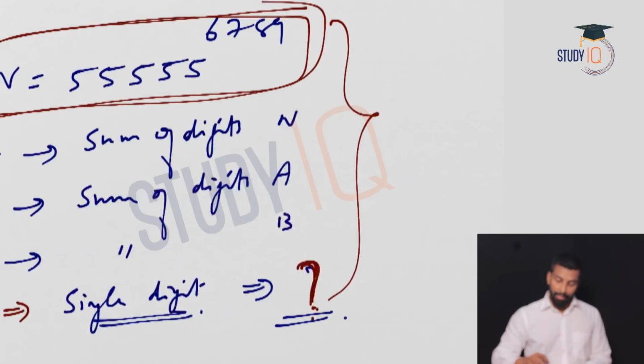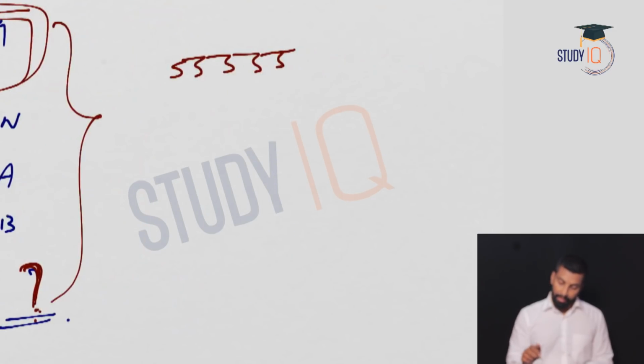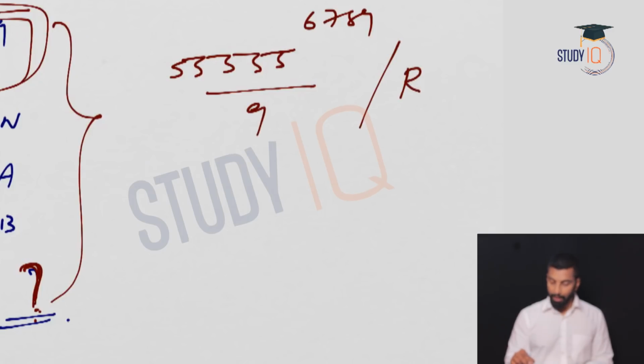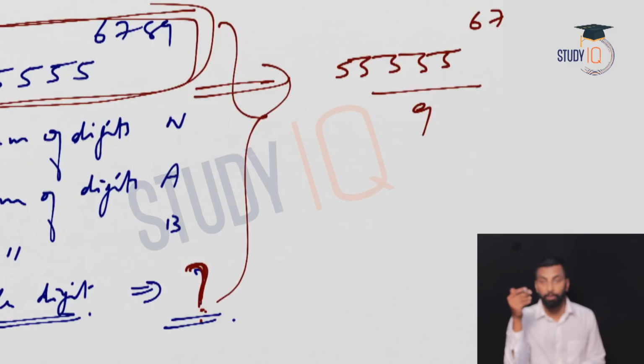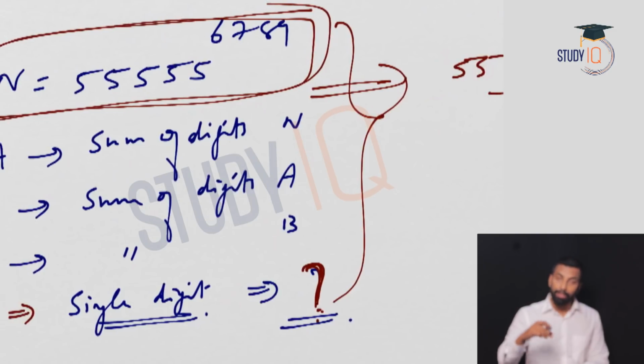I hope you understood. So I can write this question as 55555 raised to 6789 divided by 9, what is the remainder? I hope all of you understood, because we have already discussed divisibility of 9. Sum of digits till you get a single digit. Here also you are doing the same thing.